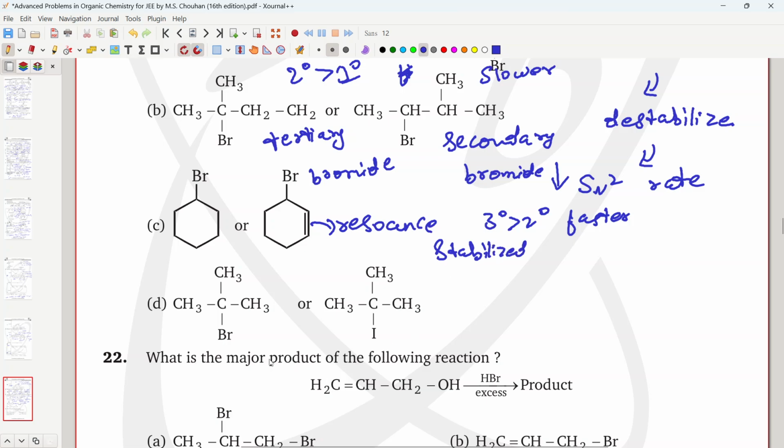Now for option D, tert-butyl bromide versus tert-butyl iodide. Same carbocation, different leaving groups. Second one is faster, so the answer is B.